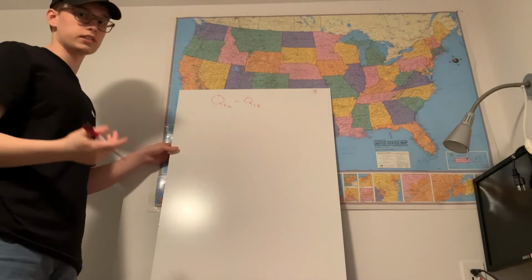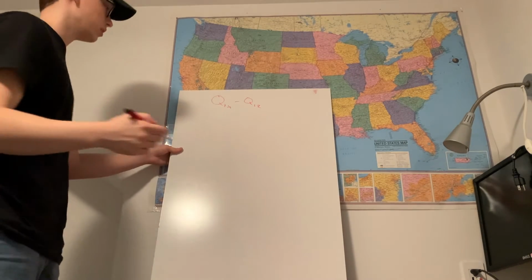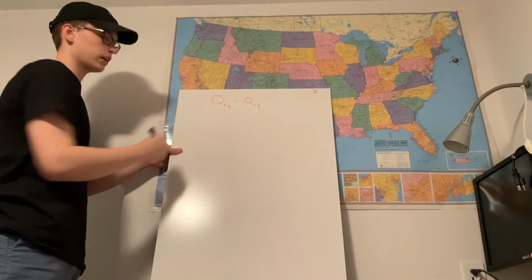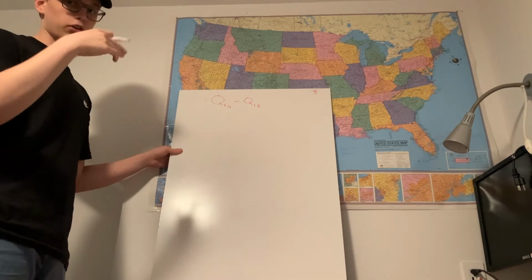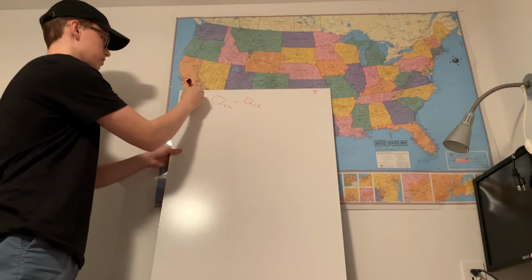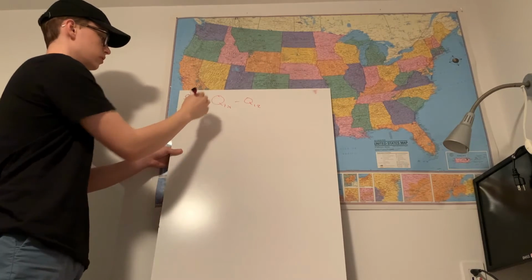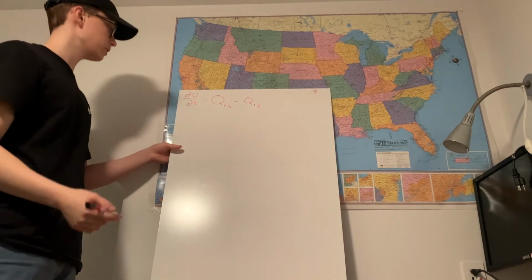If this isn't at a steady state, right, normally this would equal 0. But if this is not at steady state and that volume is constantly changing, we can look at this as dV over dt, right, a change in volume over change in time.